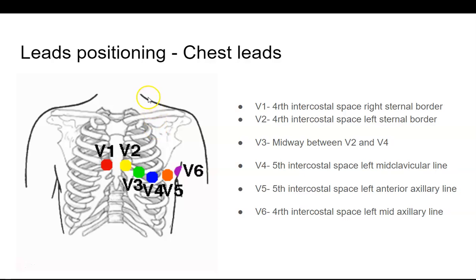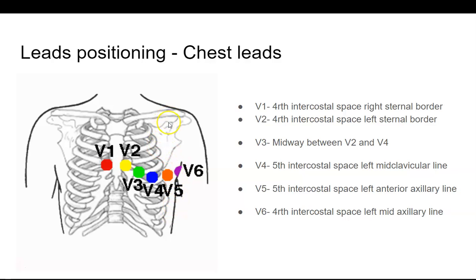V4 is placed in the 5th intercostal space, mid clavicular line, left side. V5 is the anterior axillary line and V6 is the mid axillary line.